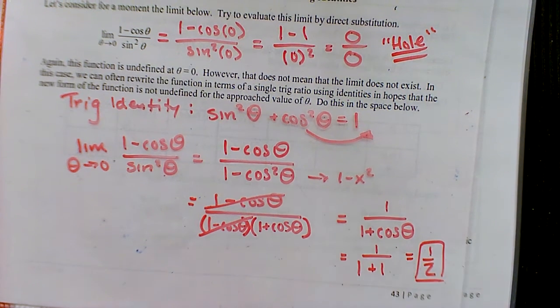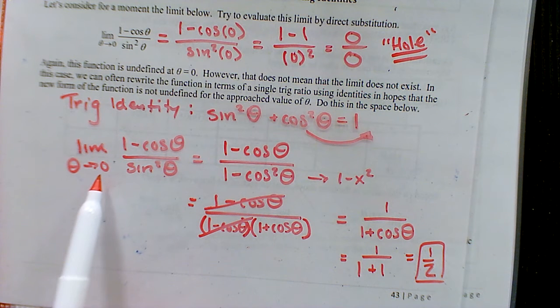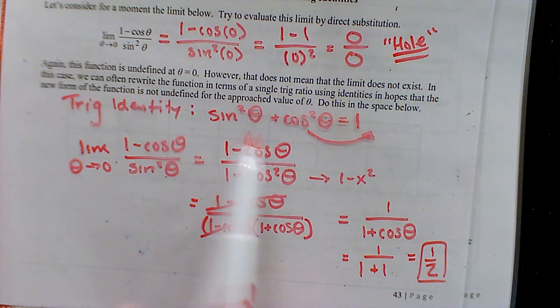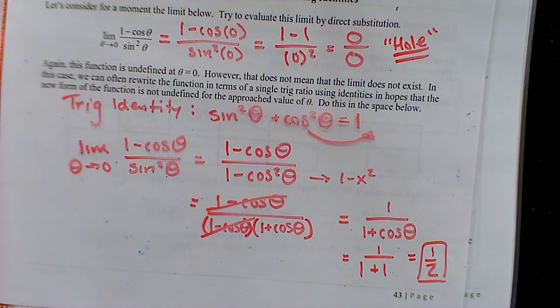So graphically speaking, we have a hole at this theta value of 0, but the height of that hole is 1/2. Okay, so same techniques. We're going to try some factoring, maybe fraction work if necessary, but the big thing is, since we're dealing with trig, you may have to use that identity to help you get around certain things. So that's one extra thing we can add to our repertoire.